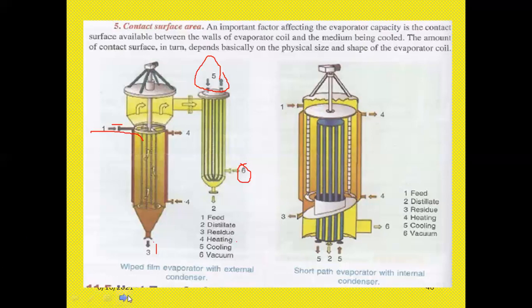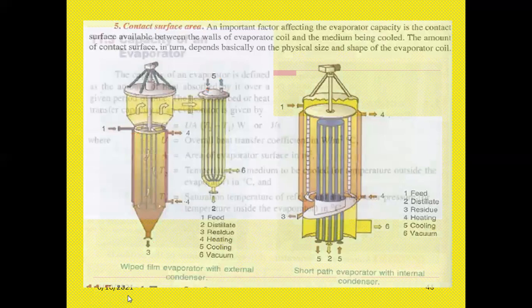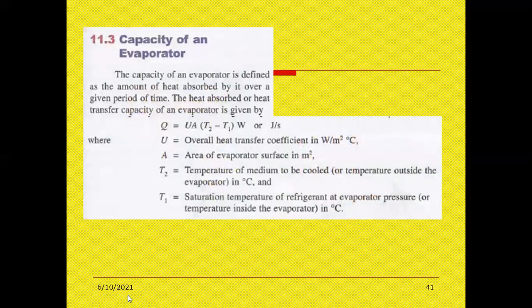Next, the capacity of an evaporator. The capacity of an evaporator is defined as the amount of heat absorbed by it over a given period of time.